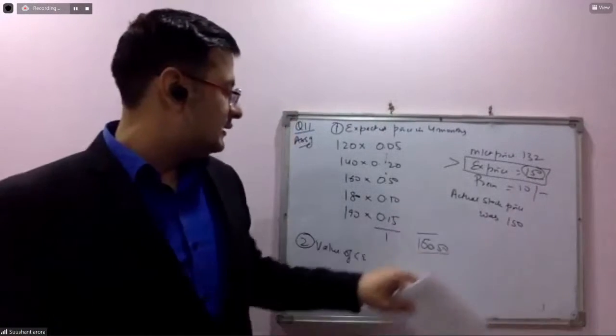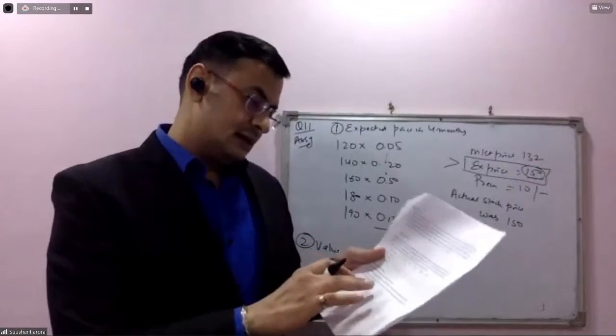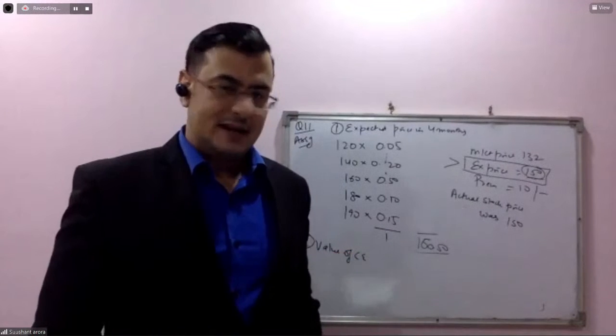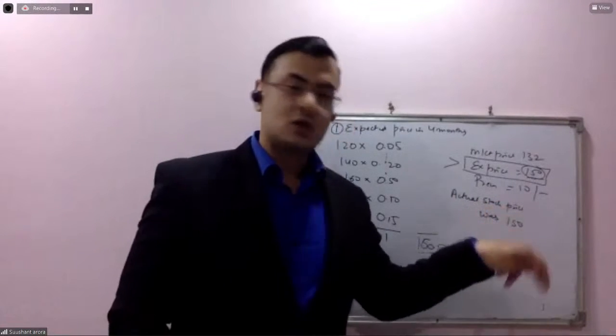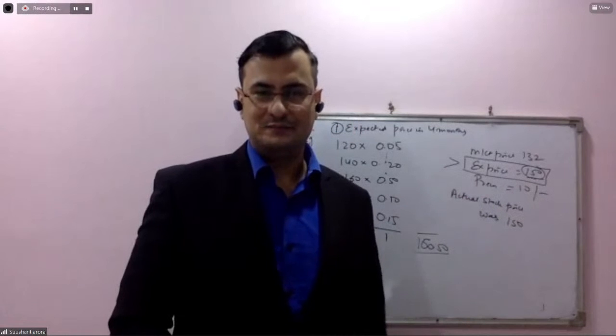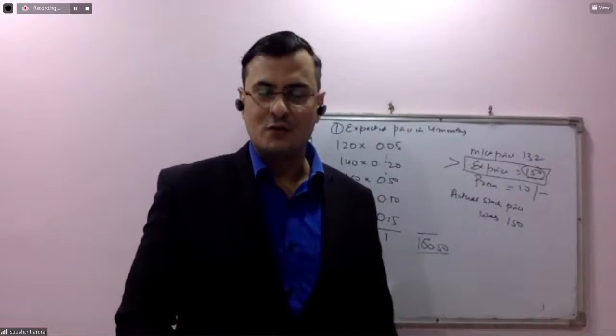Now it will be clear. If exercise price prevails, it means that the actual stock price was also 150 on that day. Now what to do?